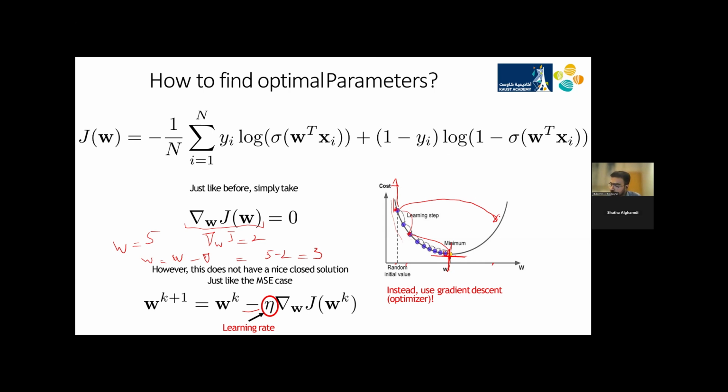In that case, what we do here is that instead of making the jump according to the exact gradient, we make a smaller jump. So we just multiply the gradient with a learning rate, and this learning rate is usually a very small number, for example 0.01, 0.001, or even smaller. It depends on your particular setting or on your particular optimizer. We will discuss optimizers later.